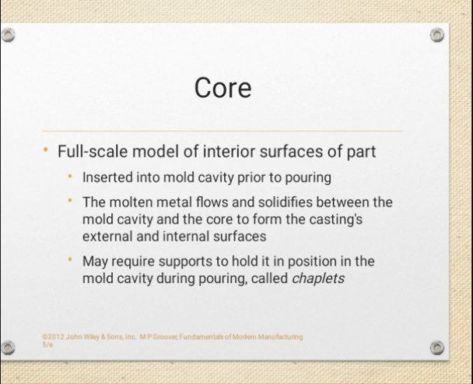Core. A full-scale model of the inner surface of the part. The molten metal flows and solidifies between the mold cavity and the core to form the casting's external and internal surfaces. It may require supports to hold it in position in the mold cavity during pouring, called chaplets.